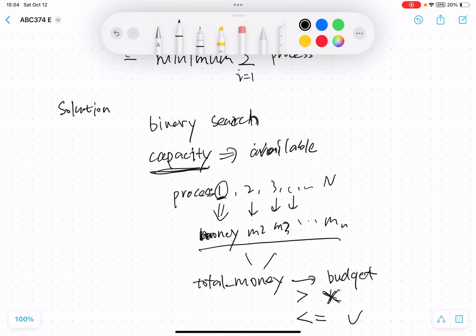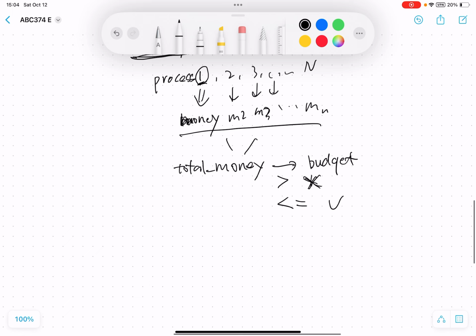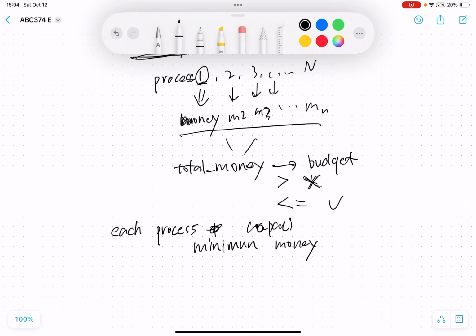So we change this problem to a smaller question: for each process, how to get the minimum money. For each process, we are given a capacity. How to get the minimum money?